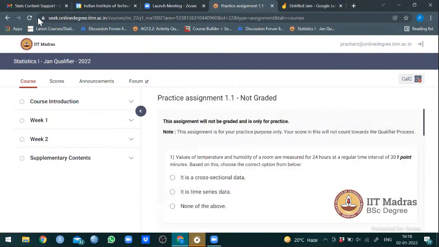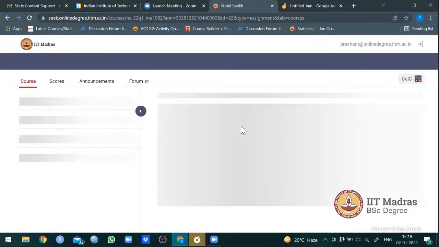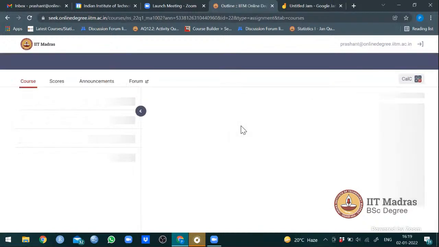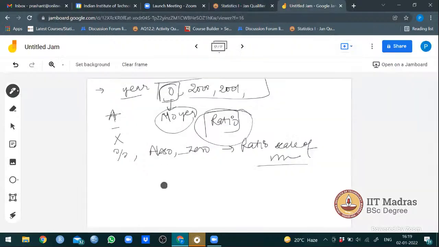The options are temperature in Kelvin, temperature in centigrade, year, and angle measured in degrees.